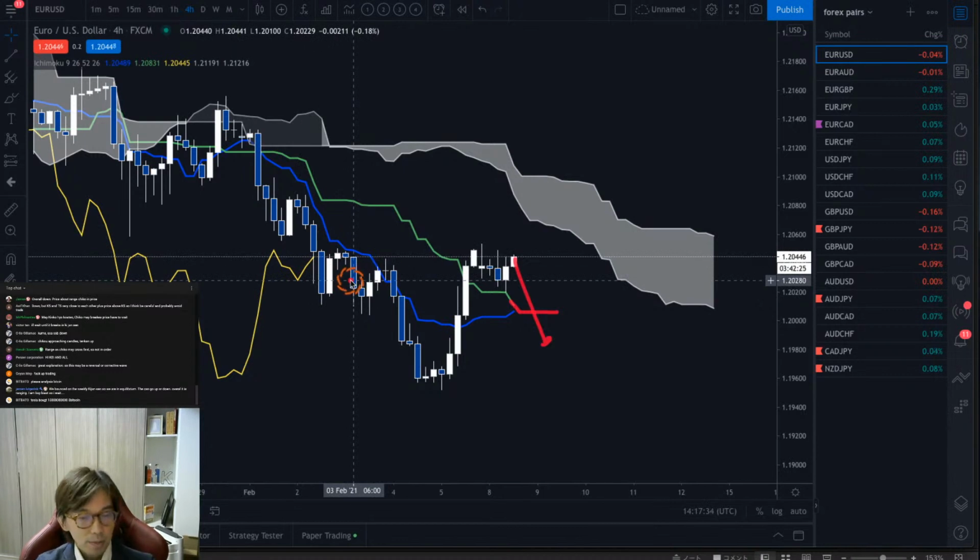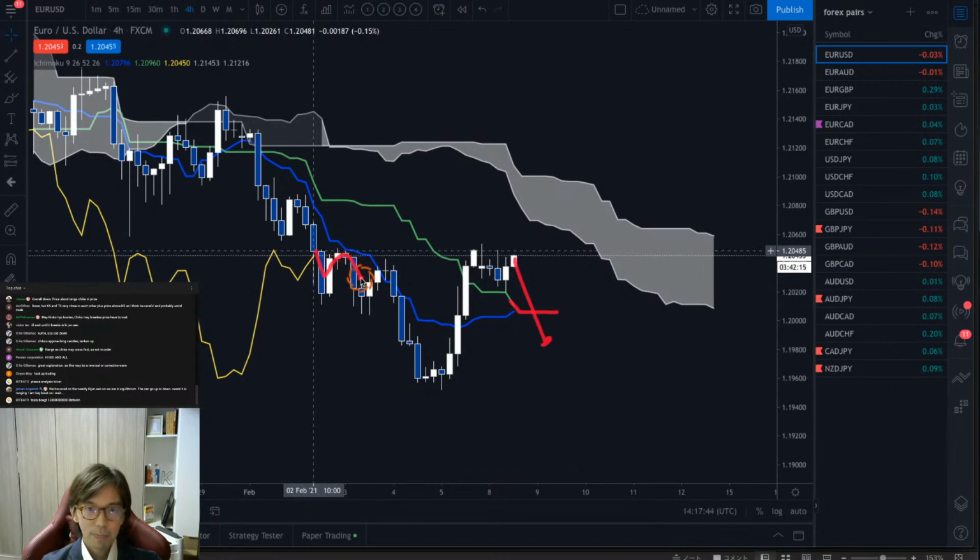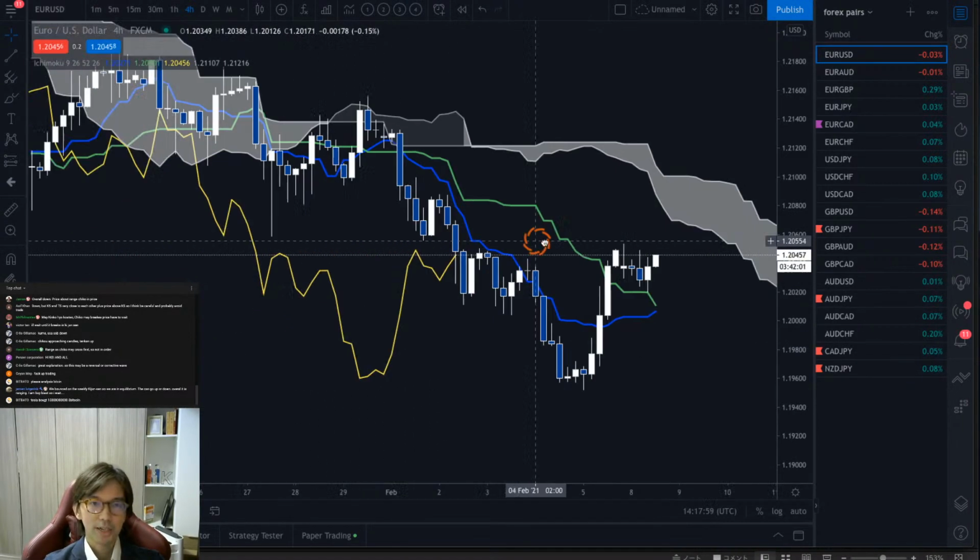And the uniqueness of Chikou Span is sometimes the Chikou Span moves along with the candles. So sometimes Chikou Span moves along with the candles like this, as the market goes this way. This is called Chikou Span synchronization, and you can see this pattern so many times also in the past charts.